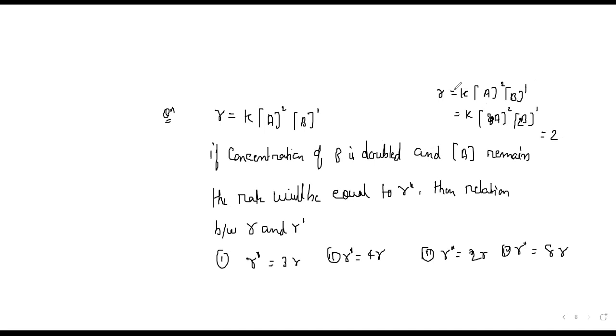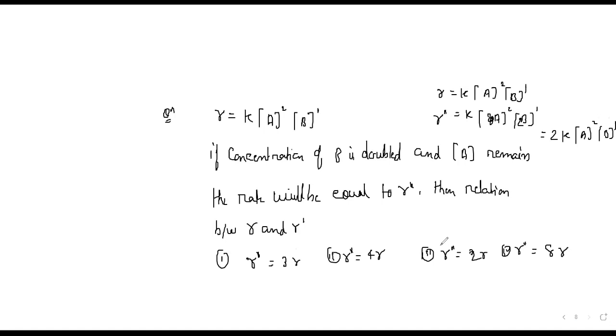So R dash value will be equal to... Sir, 4R? No, 4R is the wrong answer, Ajay. This value will be equal to 2 into K into A squared into B to power 1. The third option will be the answer.